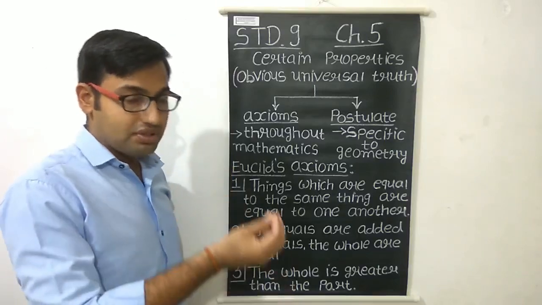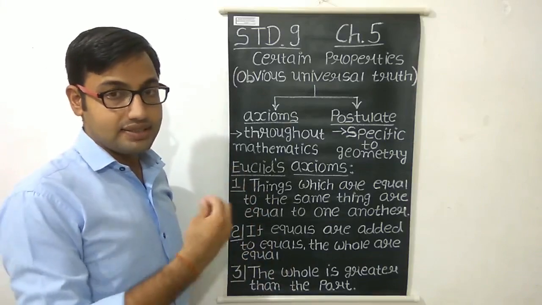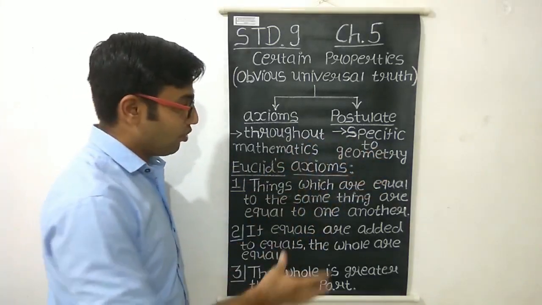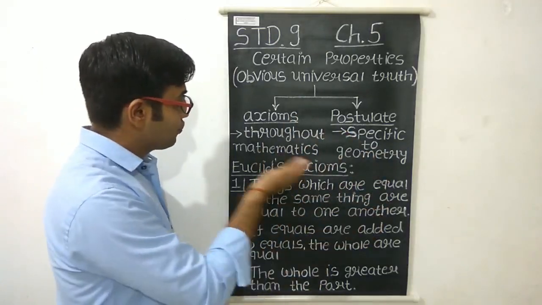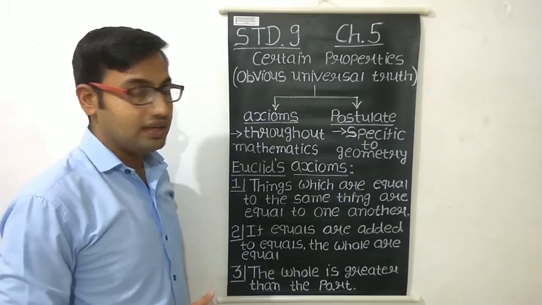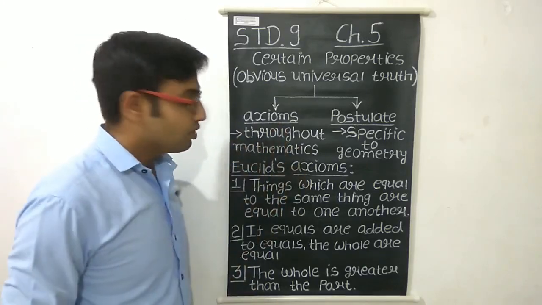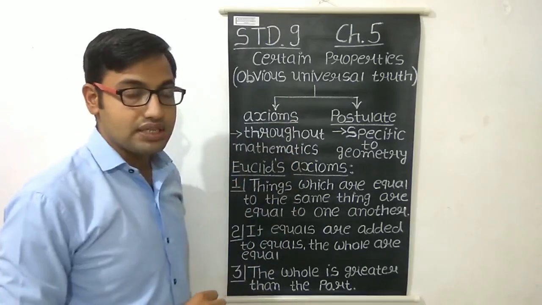Then the property which is related to the length, because a line has some length, is specific to geometry. We cannot take that property related to the line segment as an axiom, right? So axioms are those statements which are used throughout mathematics. So let us study the axioms in today's class.